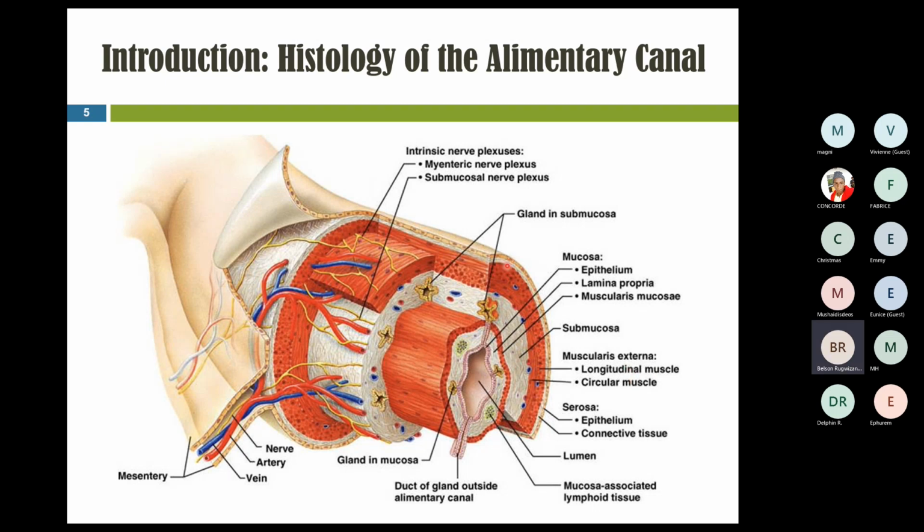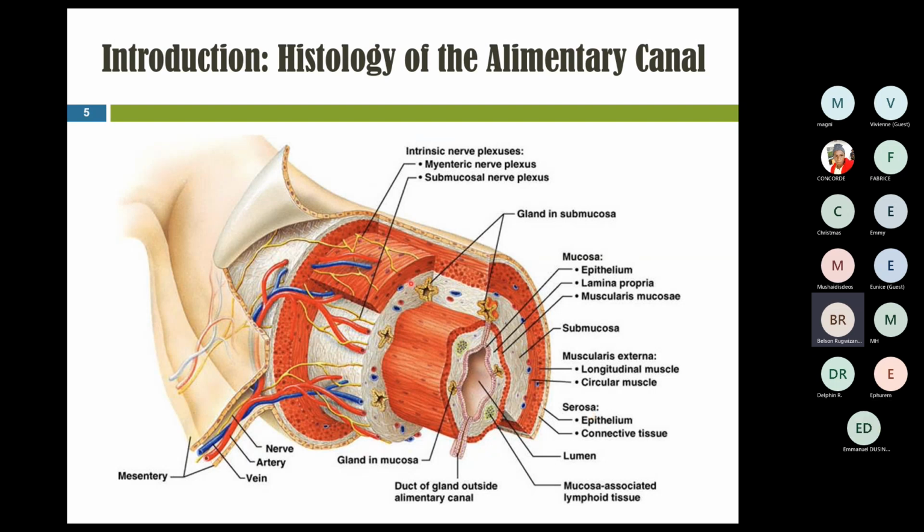And then you have the tunica externa, which is serosa. It can be called serosa when we are in the stomach and the intestines because there is a peritoneum. But in the upper esophagus, it cannot be called serosa because it is not a peritoneal cavity or pleural cavity. So we have other differences as you saw.